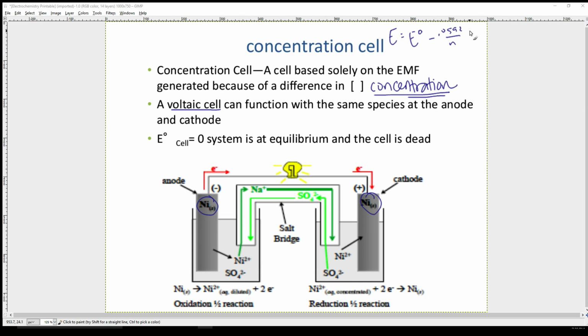Here we have this equation times the log of Q. Because we have the same substance on both sides, that's gone. So I guess what we really should say is once the concentrations are equal, the cell will be dead. When the concentrations of electrode 1 and electrode 2 are equal, then this cell would be dead.